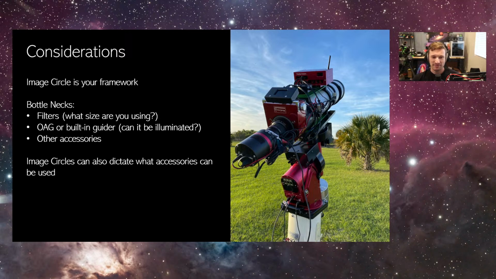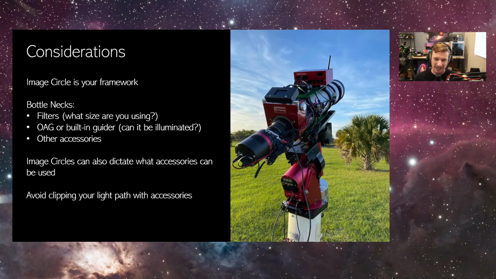Image circles will ultimately dictate what you're able to do, so just keep an eye on that. We don't want you clipping the light path and getting some weird aberrations. So in short, if you're getting a new system or a new scope, pay attention to the circle. Make sure it handles whatever camera you're using or planning on upgrading to.